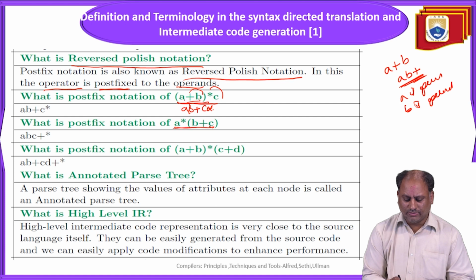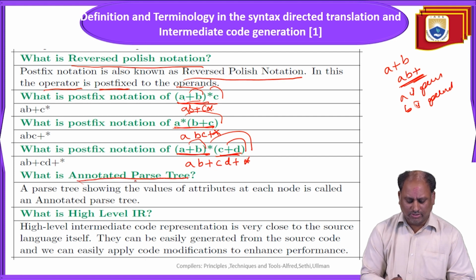Suppose for example you use this notation, A, B, C, then plus and star are placed here. Now in this example, what is the postfix notation? Generally plus is to be placed here, and star is to be here. So A, B followed by plus, then C, D followed by plus, star.